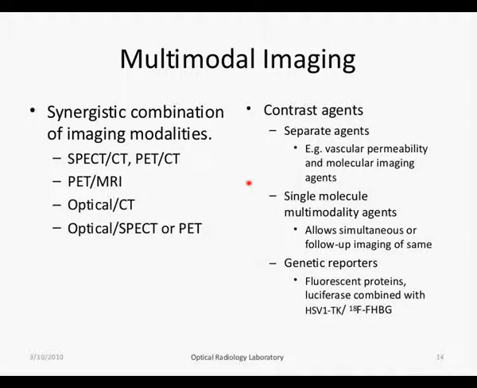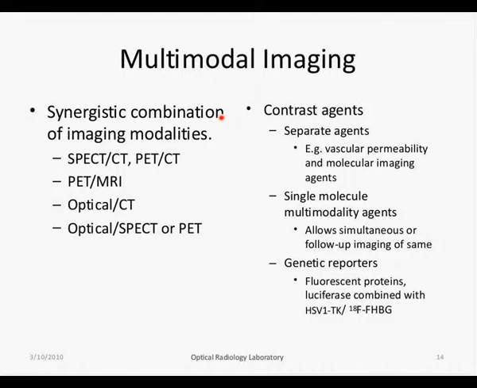So on to multimodal imaging, which we'll discuss with the alpha V beta 3 targeting agents in just a moment. Multimodal imaging is based on the synergistic combination of imaging modalities. What's been done so far, and is working very well in the clinics, is using SPECT CT or PET CT, the combination of radionuclear imaging with traditional X-ray computed tomography.